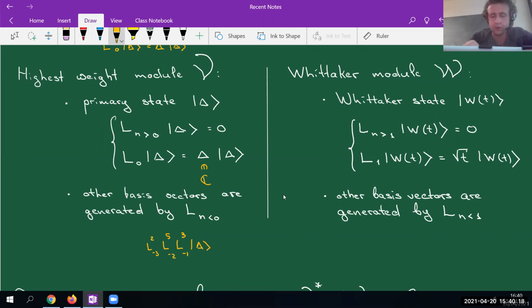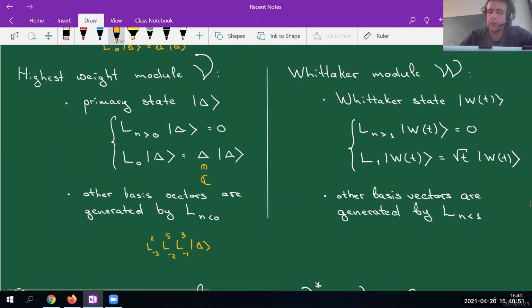So a fermionic representation breaks into a direct sum of these highest weight modules, but I am not going to discuss that. Yeah, so we have an infinite dimensional space of states of this form, which is labeled by a complex number delta.